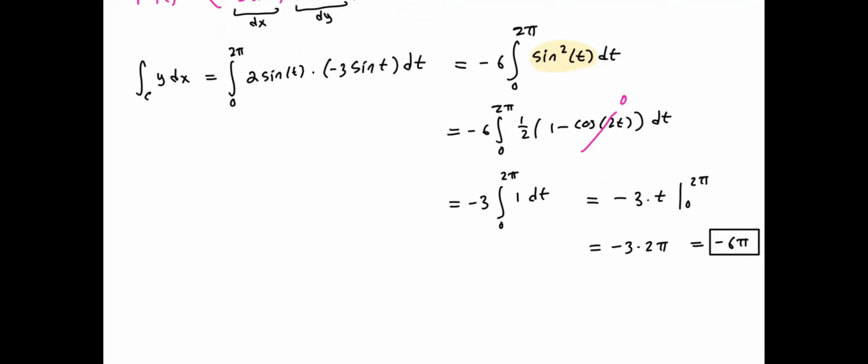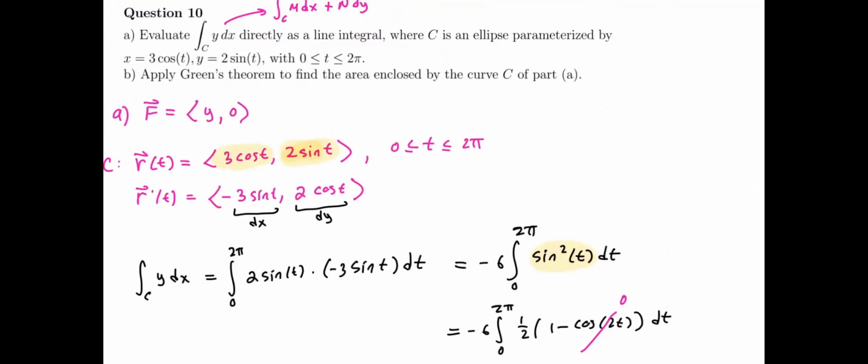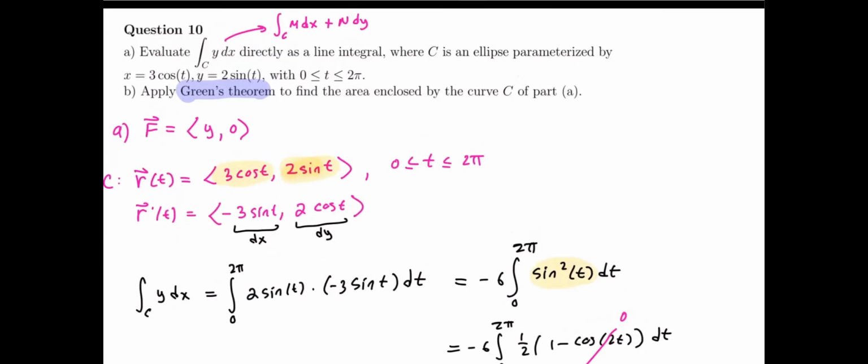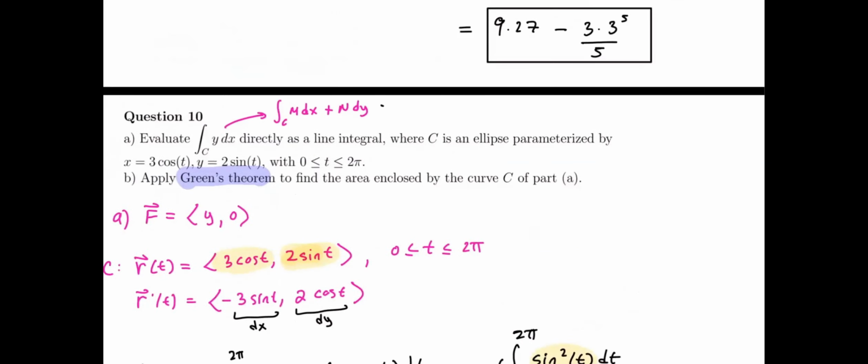Okay, now for the second portion of this, we want to apply Green's theorem to find the area enclosed by the curve C from part A. So for this portion, this is really the integral along curve C, a closed curve, of f dot dr. This is going to represent circulation or work.